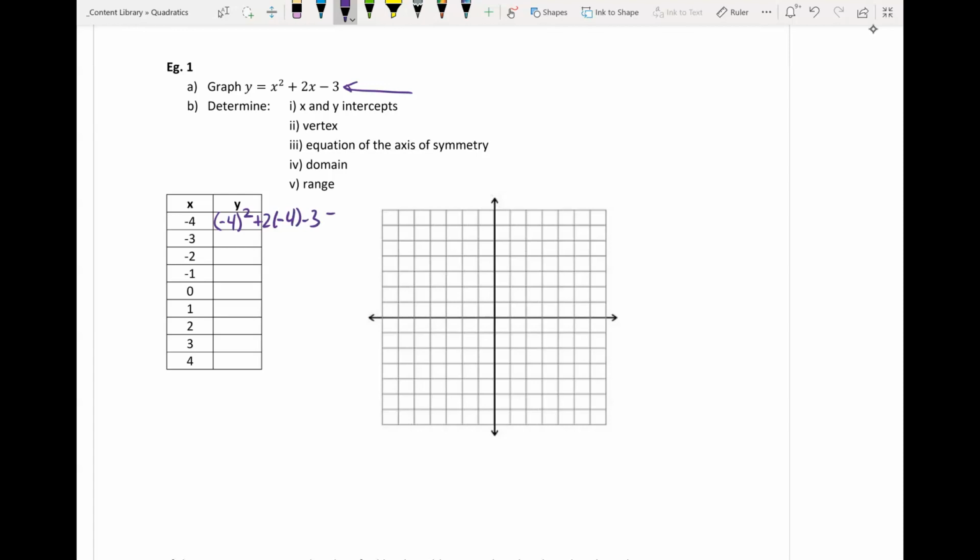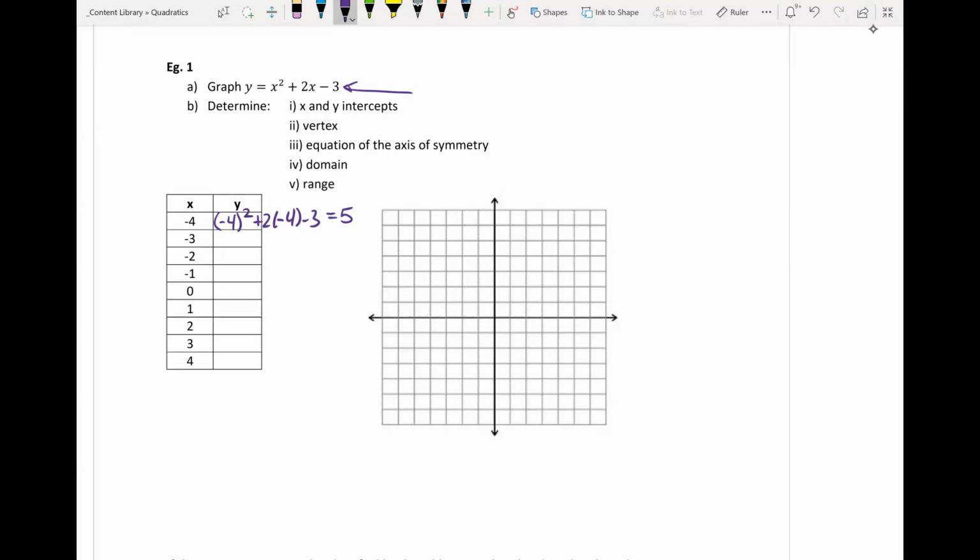If you do this calculation, this will be 5. If you can stay away from the calculator when you're doing this, that would be great. Just because in grade 12, you don't use the calculator very much, so it's better for you to practice now rather than struggling next year when you are not allowed to use the calculator.